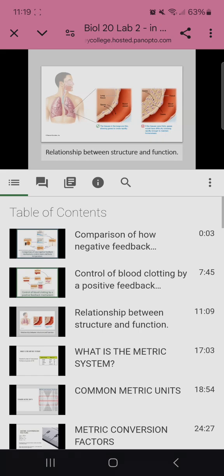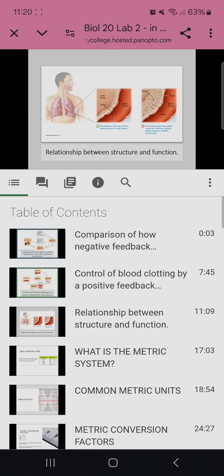This is just an example that if the structure is wrong, then the organ is not going to be able to do its function, okay? So we're going to see we have different types of cells, a lot of cells, and different types of tissues, and our different organs are made up of different types of tissues because of the purpose that they serve, because of their function, okay?